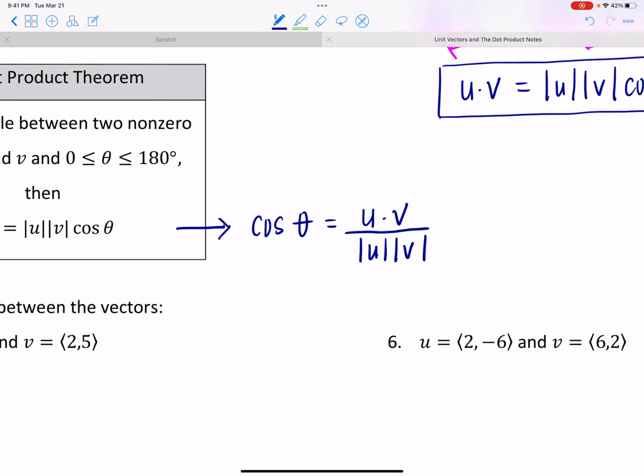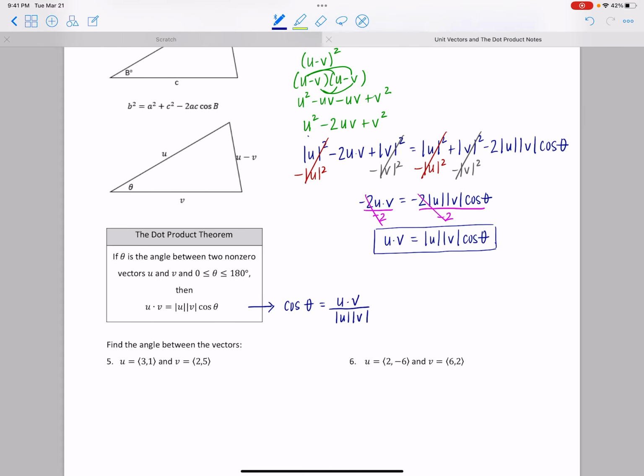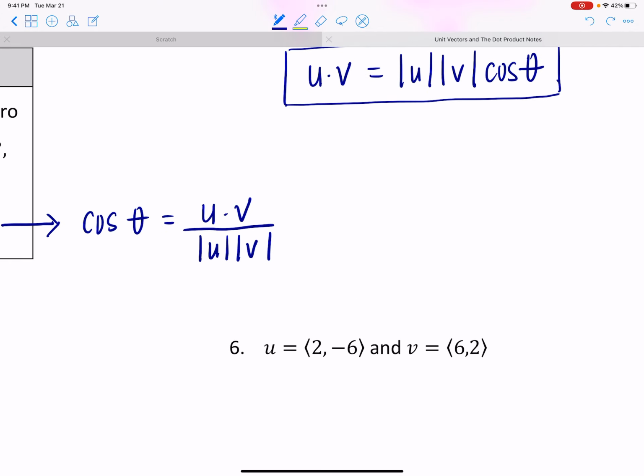Right? And this one looks even better. But I'm going to go one step further. If I want to be able to find the angle that's between my two vectors, figure out what this angle is without having to go to my law of cosines every single time, right? If I want to find this angle, I just need to get rid of the cosine, and I can do that with inverse cosine.